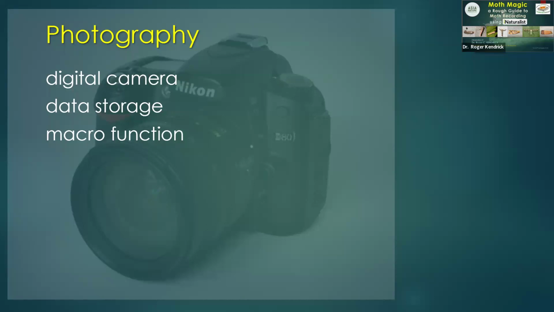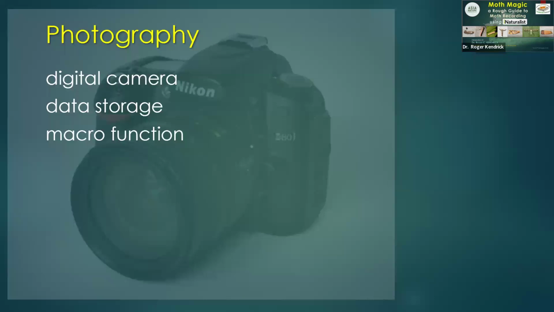You will need good capacity for data storage, because if you're taking lots of photos, you're generating lots of data. Your camera should have some sort of good macro facility, so a macro lens, something like 90 millimeter, 100 millimeter, maybe 200 millimeter focal length.